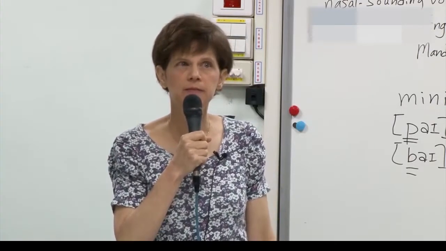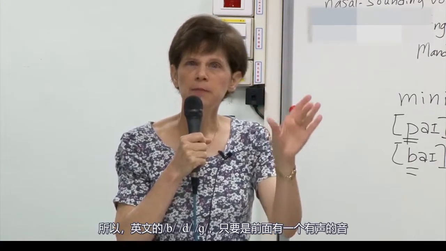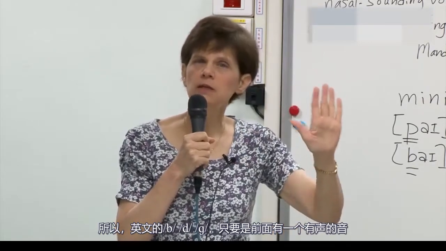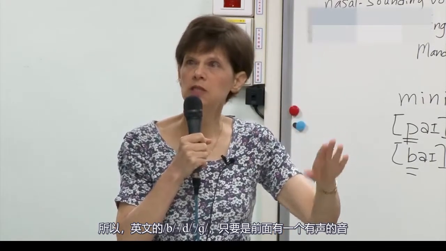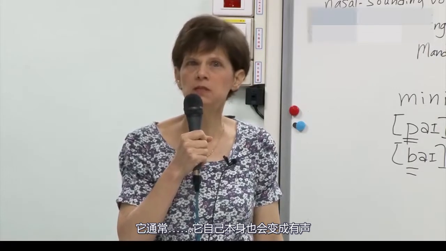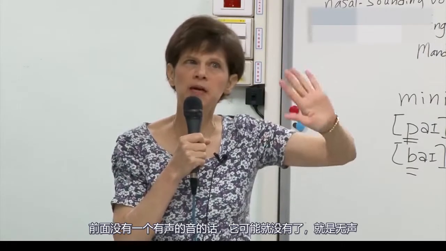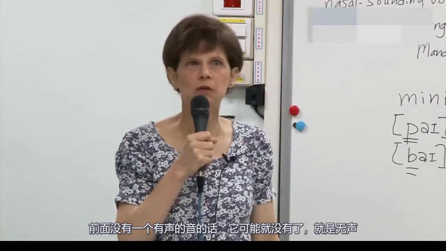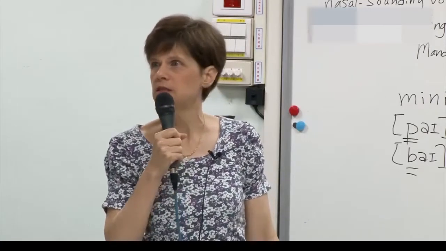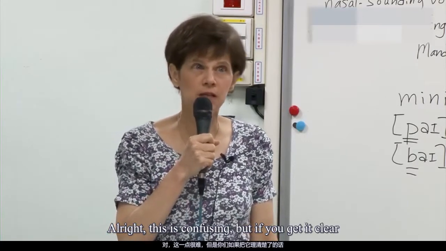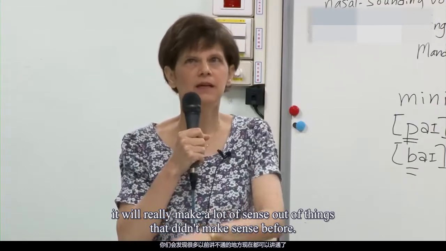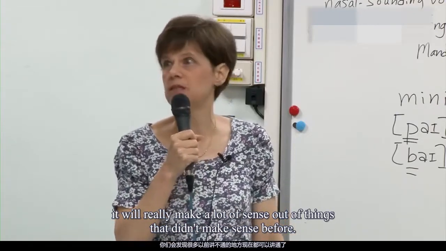Got it? 所以英文的 b 的 g 只要是前面有一个有声的音，它通常它自己本身也会变成有声。前面没有一个有声的音的话，它可能就没有了，就是无声。All right, this is confusing, but if you get it clear, it will really make a lot of sense out of things that didn't make sense before.